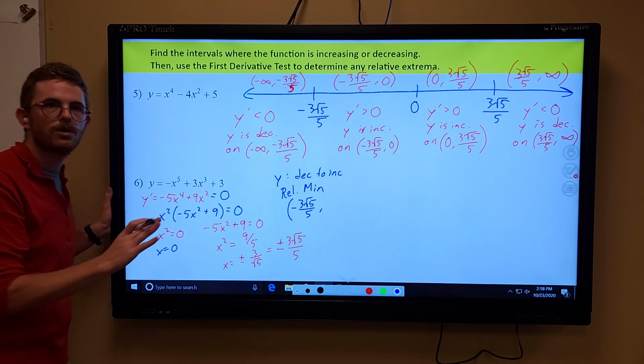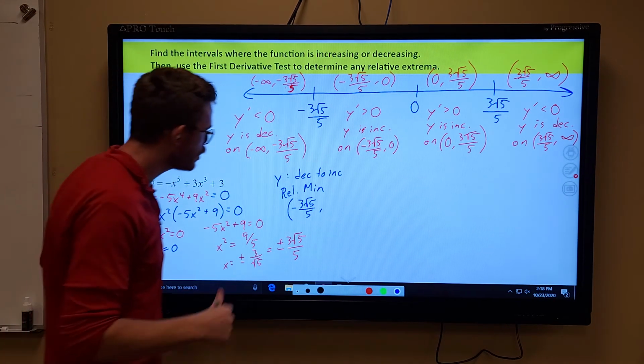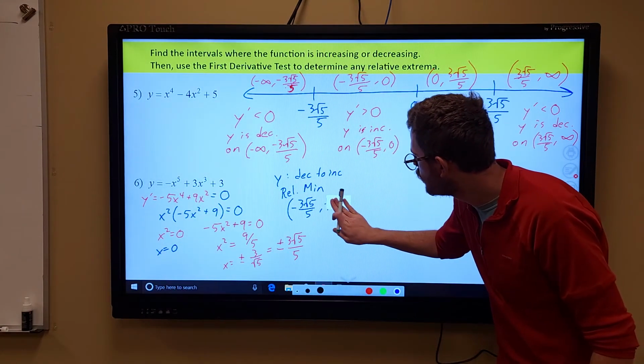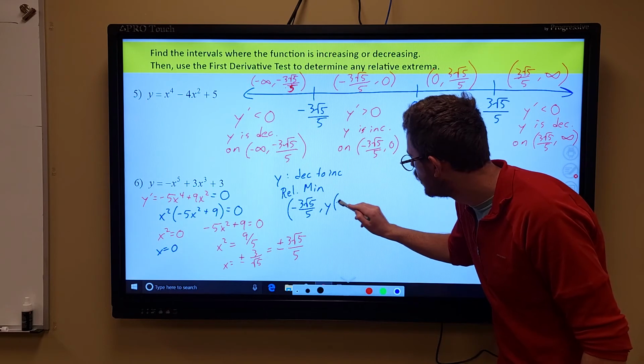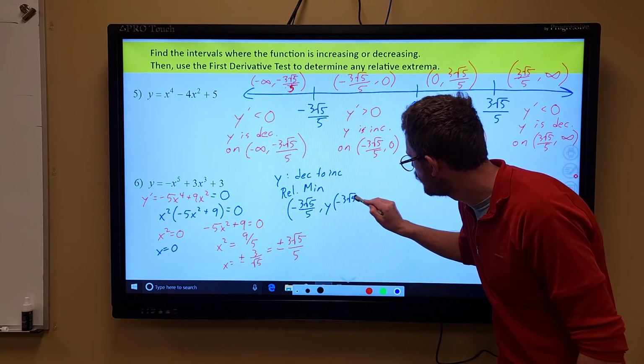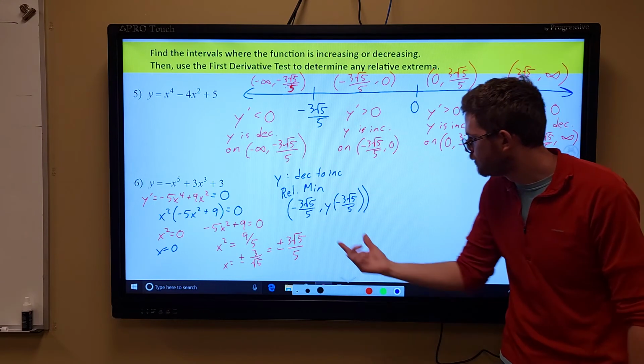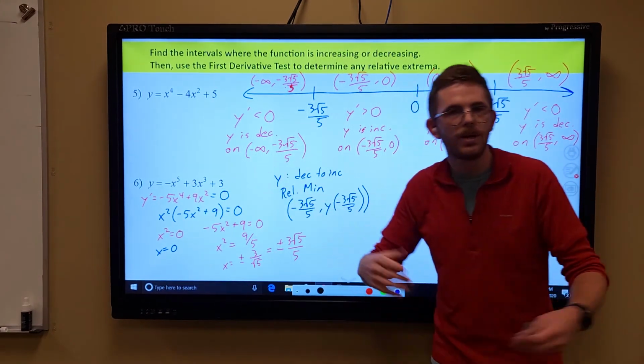You know what? You don't want to see that. We could plug it in. That's a really nasty number. Our output would be whatever y of negative 3 root 5 over 5 would give us.